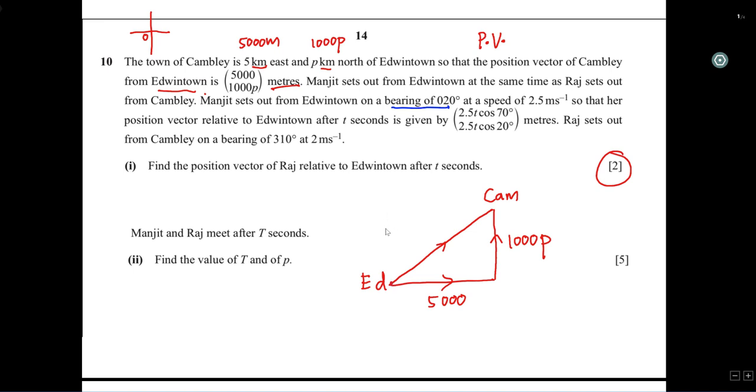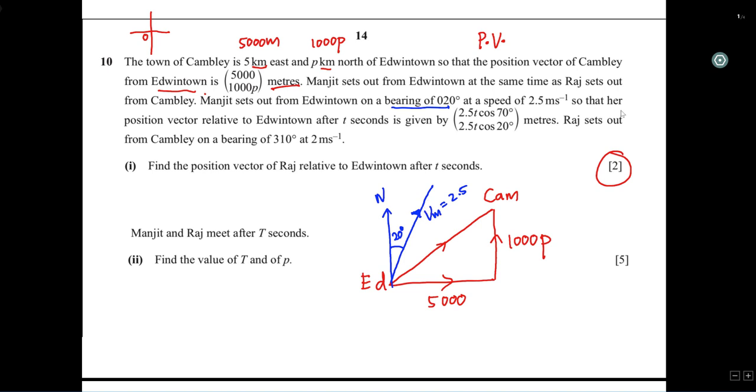From Edwin Town I draw a north line, because I want to give you some idea about the 20 degrees. It's 20 degrees from the north, at a speed of 2.5, so the velocity of Manjit is 2.5, heading in this direction.